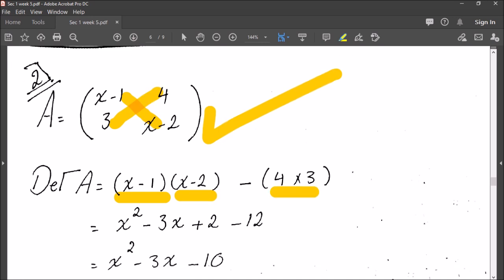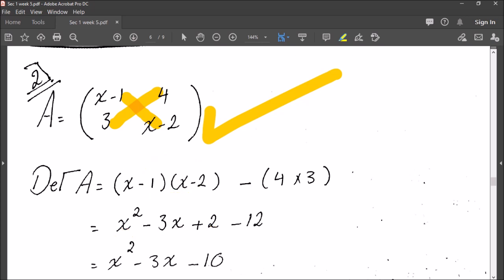Expanding x minus 1 times x minus 2: x times x is x squared, x times negative 2 is negative 2x, negative 1 times x is negative 1x, and negative 1 times negative 2 is 2. Negative 2x minus 1x is negative 3x.